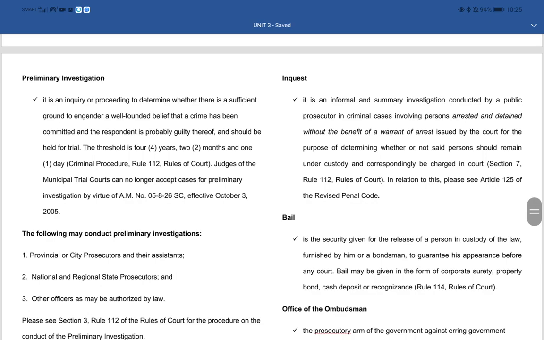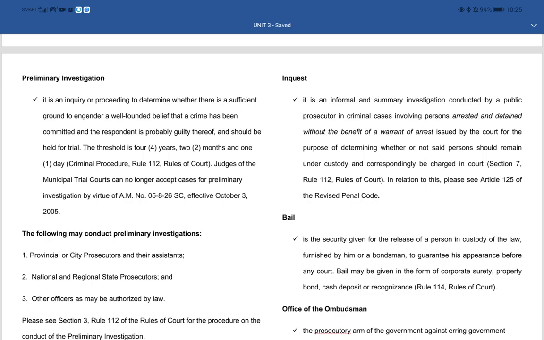So in preliminary investigation, always remember that it applies in cases in the RTC where the penalty reaches 4 years, 2 months, and 1 day. That is according to Criminal Procedure Rule 112, Rules of Court.